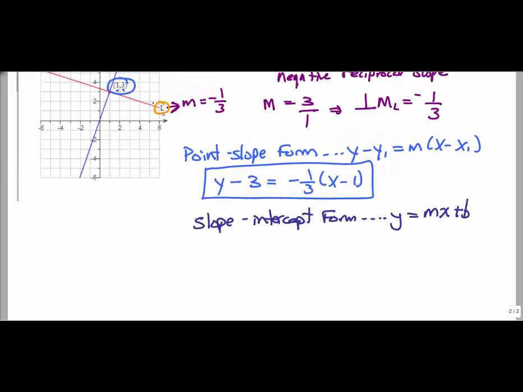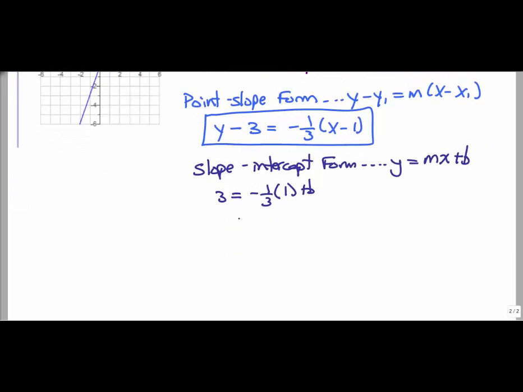From up here, y is 3. So I have 3 equals, my slope is negative 1/3, my x value is 1, plus b. So I have 3 equals negative 1/3 plus b. I'd add the 1/3 to both sides to solve for b, and I get b equals 3 and 1/3.